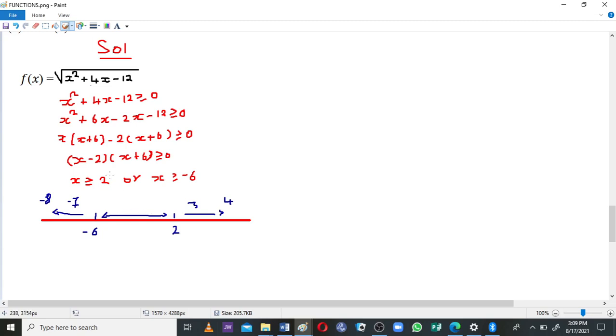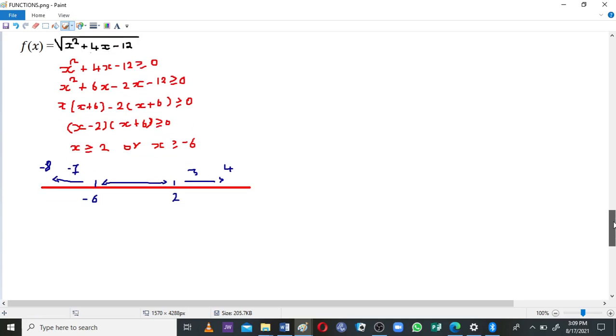The best way you can do here is to try to plug in the values between negative 6 and 2, and see if your function will still be defined. You can try plugging in negative 5, maybe negative 1, 0, and see if your function will be defined.